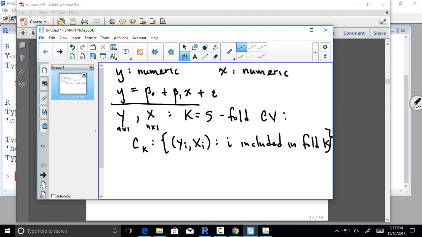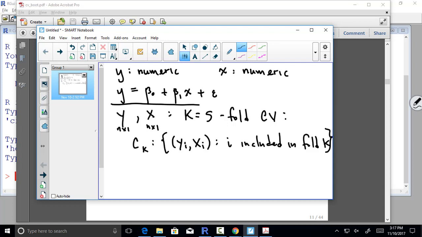Cross-validation is all about taking all your n training individuals and splitting them into k mutually exclusive groups. For notation purposes, let's just say C_k is all the response predictor variable pairs in fold k.